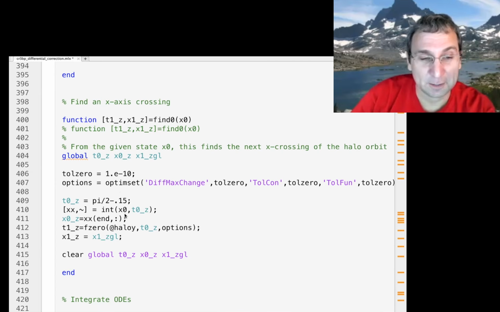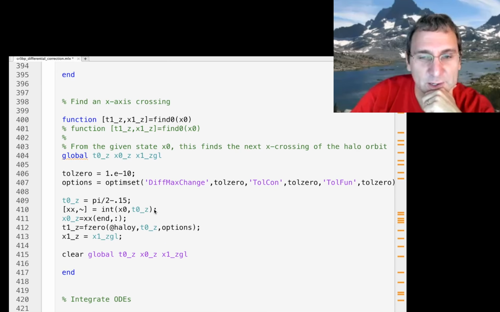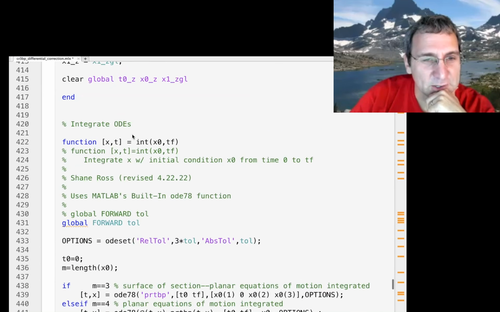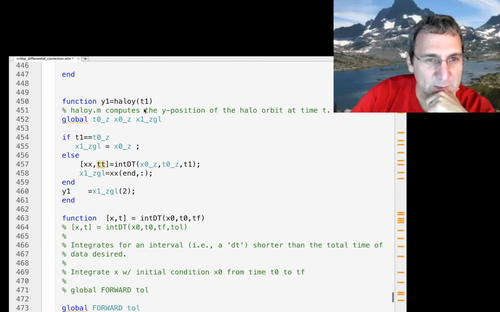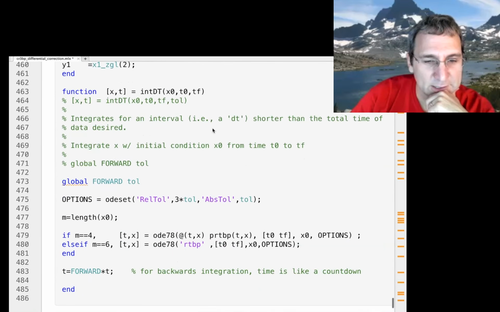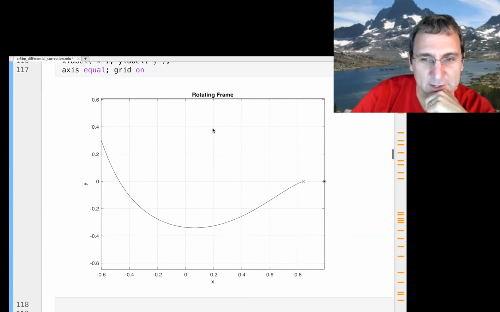I just set something that could find x-axis crossing. And then this thing called int integrates. Again, it only works for this case, not the 3D equations. And I don't even know what halo y does. A lot of this stuff just, hey, it works, and that's enough.